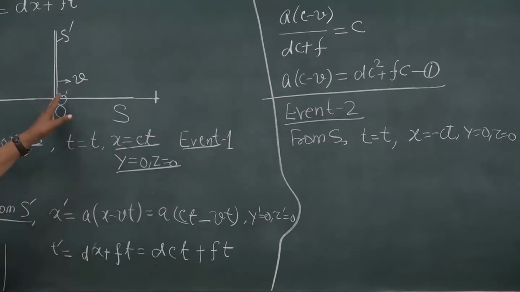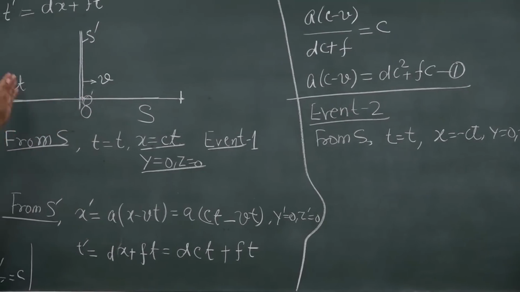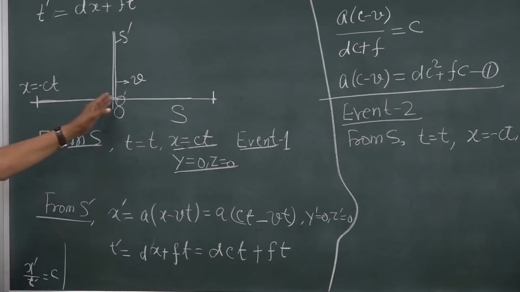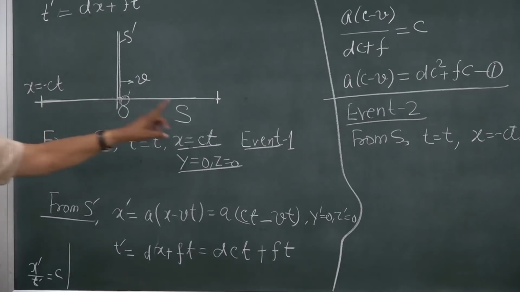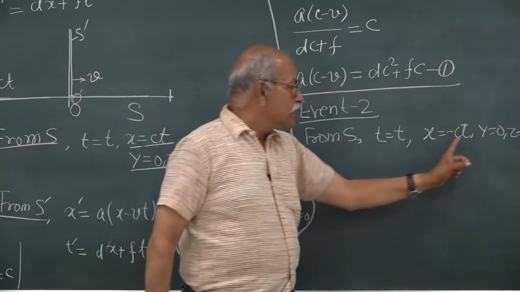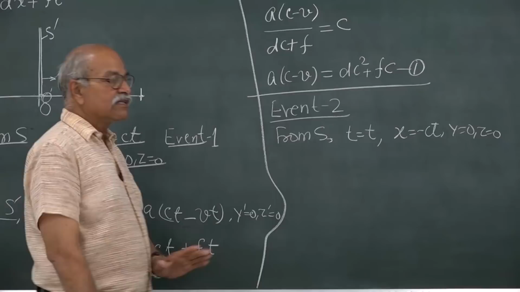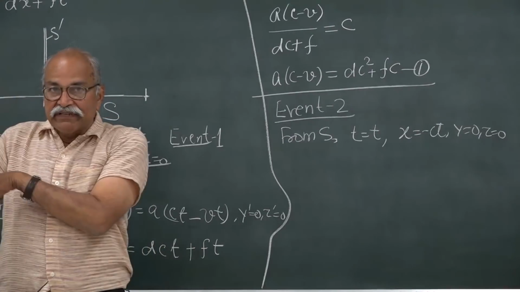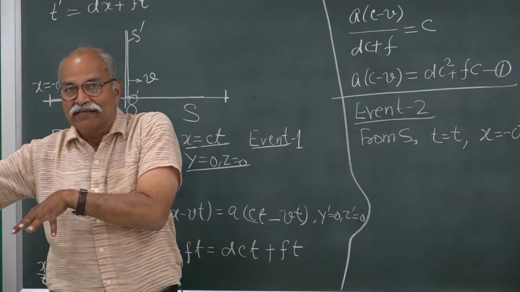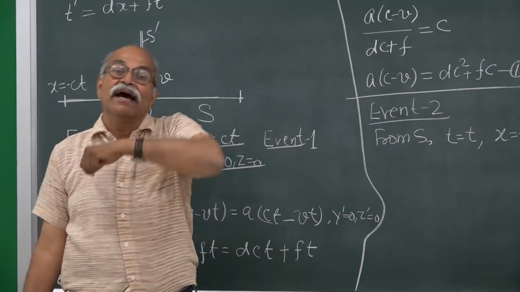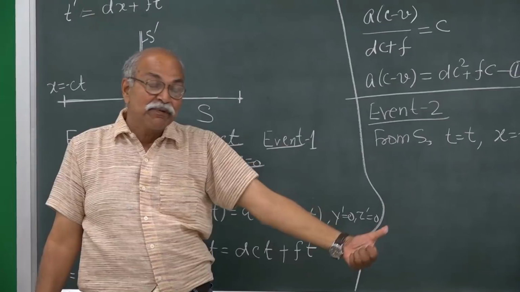So, I am looking at the radiation that is going along the negative x axis, and at time t it has reached this point, x is equal to minus Ct. This is the event. So, time is here and location is here. Now, the light is going and reaching that point at time t. This particular event, as seen from S prime, what will happen?